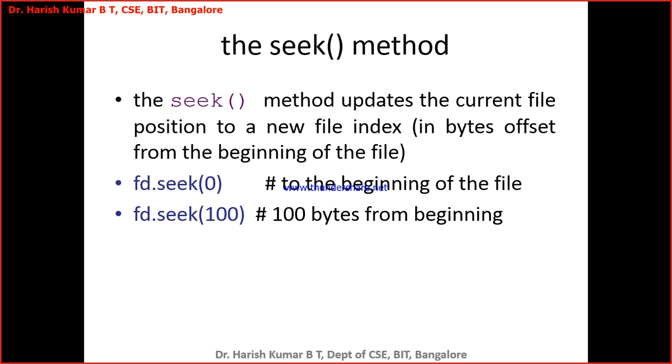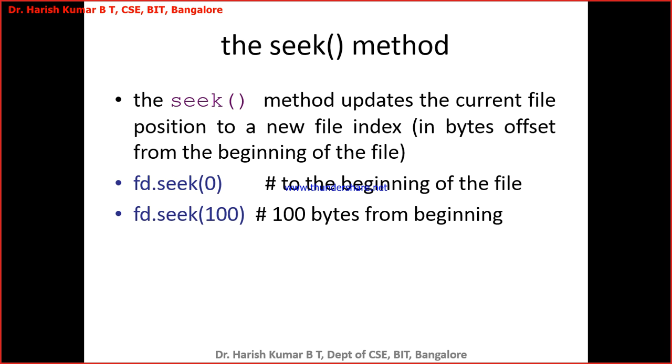When I read 5 bytes, it will read the first 5 bytes from the file, and after that the read write pointer will be pointing to the 5th byte. And again if I call read 6 bytes or 7 bytes, from the 5th byte onwards it will go for reading the specified number of bytes.